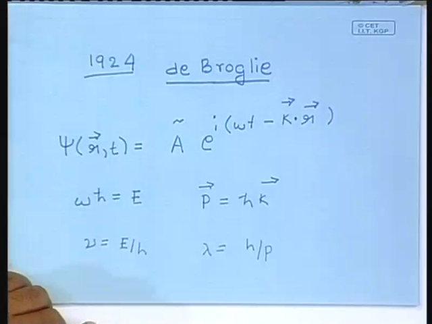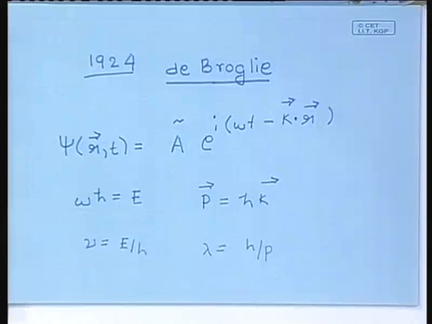Now, the first question, so let us take up a few questions, but before we take up a few questions regarding this, there is a point which I should make. So, the point is a very important point.